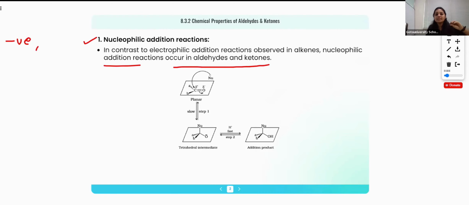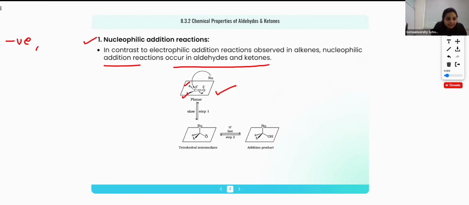Okay, so what is the nature of this reaction? In the first step, we are taking a carbonyl compound, maybe an aldehyde or ketone. Here you can see A and B. If both A and B are alkyl groups, it will be a ketone. If A is hydrogen and B is an alkyl group, it will be an aldehyde.